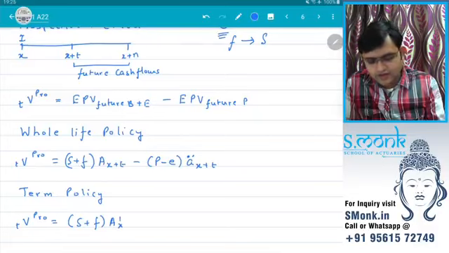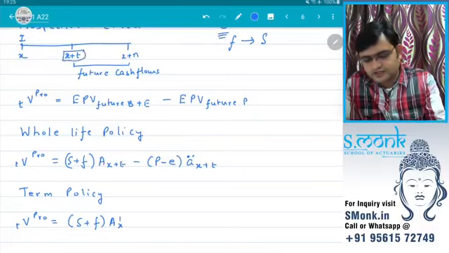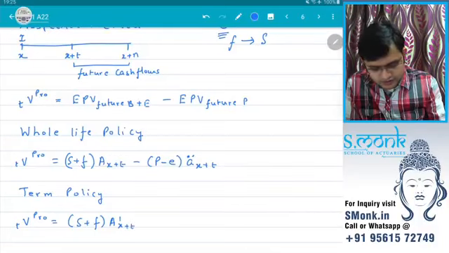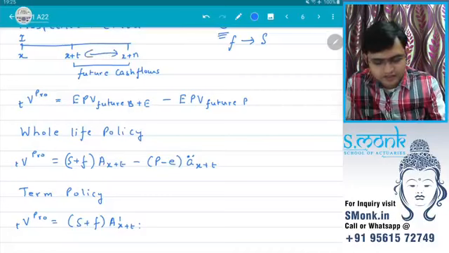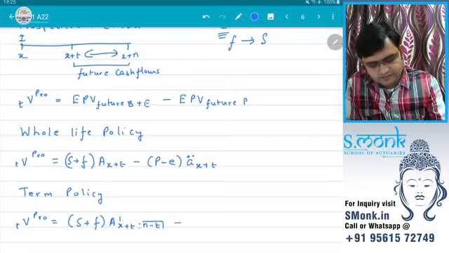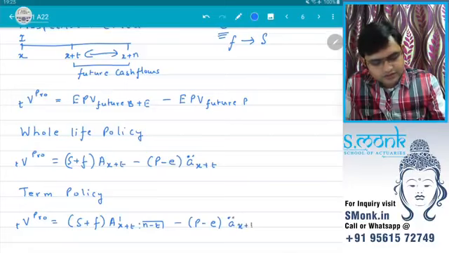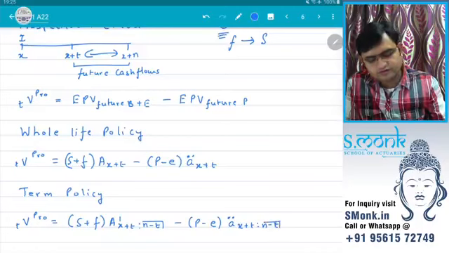Now, right now, the person is age X plus T, so plus T, and the number of years that are left is N minus T, so N minus T number of years. P minus E, A due X plus T, N minus T.